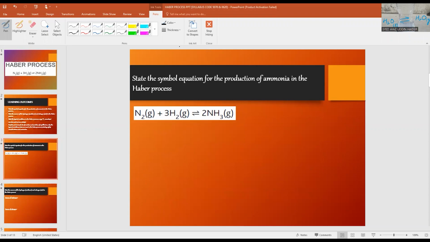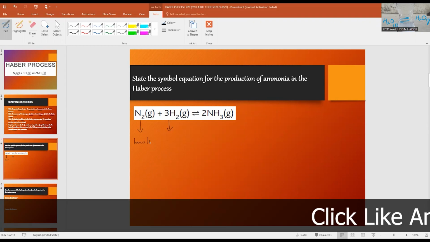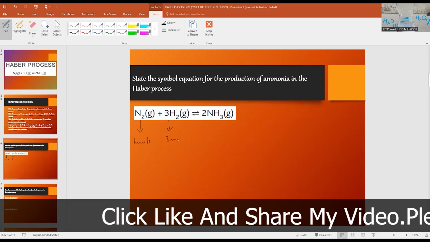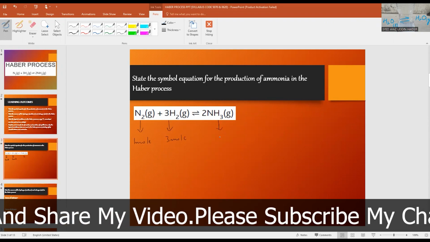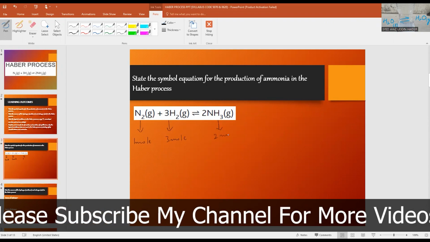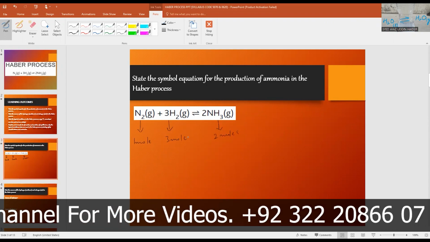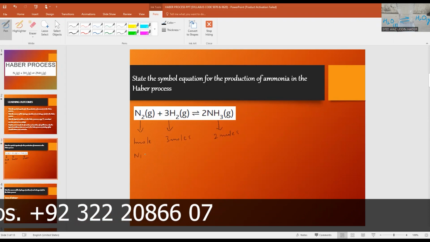This is a simple equation for the production of ammonia gas from nitrogen and hydrogen gas. You see here that 1 mole of nitrogen gas reacts with 3 moles of hydrogen gas to give 2 moles of ammonia gas. This is nitrogen gas.